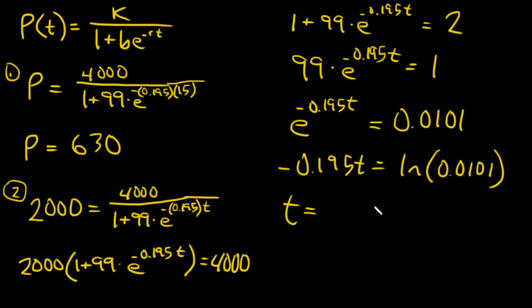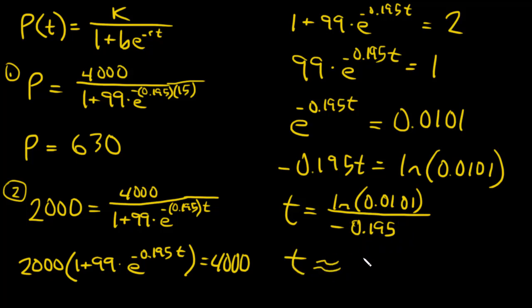T is equal to the natural log of 0.0101 divided by negative 0.195. Okay, turns out that t is approximately 23.56 years.